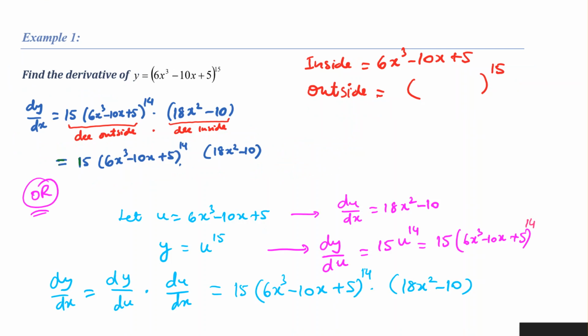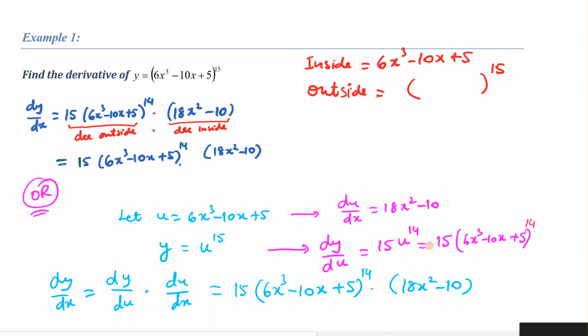Or the other way is you can plug in u equals the inside function, and then y becomes u raised to power 15. So from the first one we get du over dx, which is 18x squared minus 10, and dy over du, because this is a function in terms of u, we get by using the power rule 15 u raised to power 14.